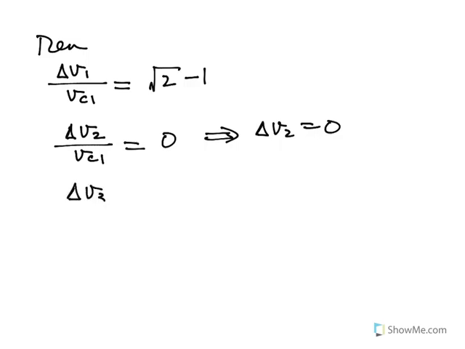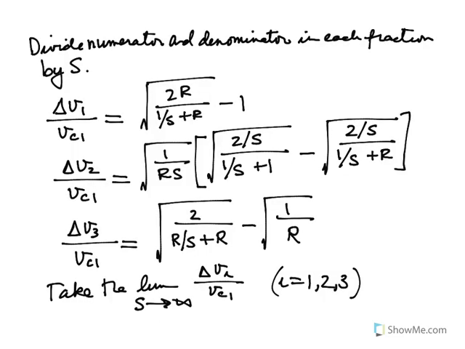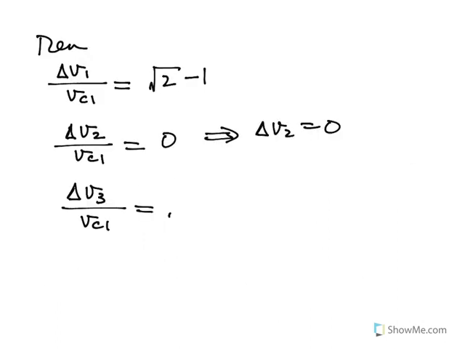And delta V3 divided by Vc1 is then equal to, well, again, if you look at s going to infinity, you get the square root of 2 over r minus the square root of 1 over r, which just gives you the square root of 1 over r times the square root of 2 minus 1.